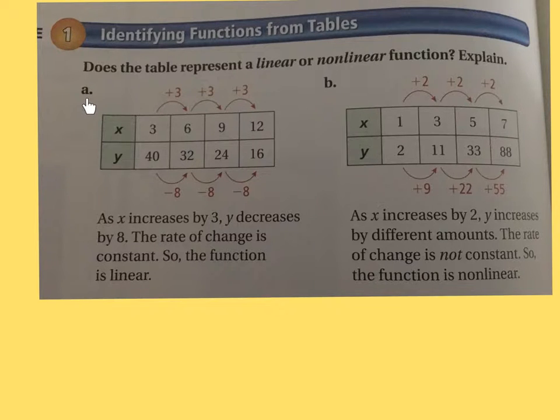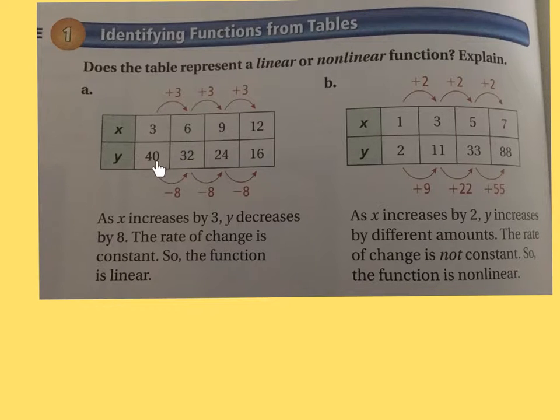Let's look at table A first. For x, it goes up: 3, 6, 9, 12. So each jump it goes up by 3. That's constant, isn't it? Now let's check out the y. As x goes up 3, y does what? 40, 32, 24, 16.